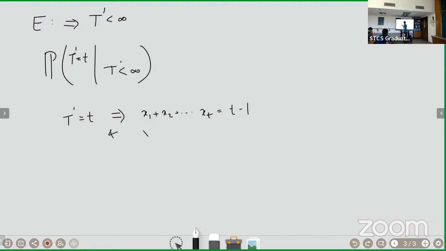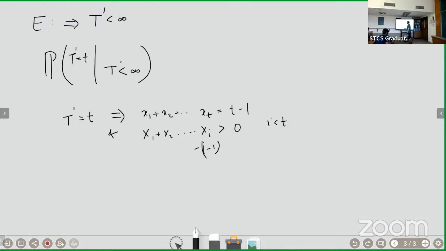That's a good definition of my Xi prime process. What was the definition of T prime? T prime equal to T means that T is the first time at which the Xi process goes to zero.